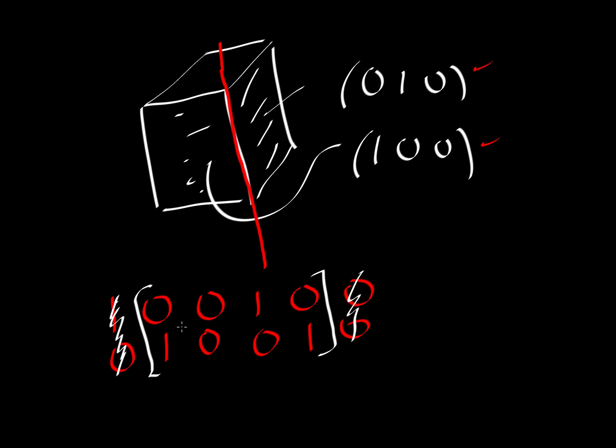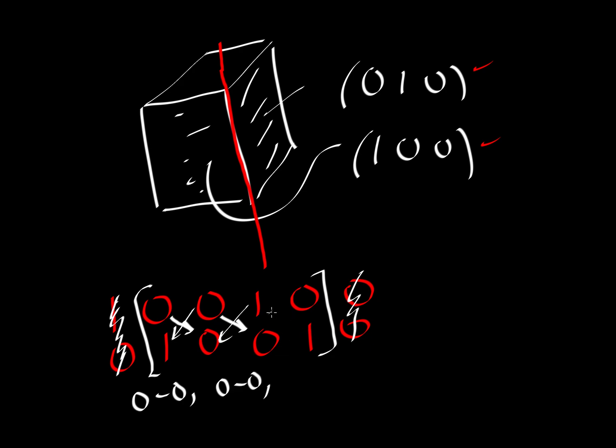And now we're going to play a little mathematical game where we'll take this product and subtract it from the product of these numbers. So 0 times 0 is 0, and then 0 times 1 is also 0, so we get 0 minus 0 for our first entry. Then we'll do the same over here. 0 times 0 is 0, 1 times 0 is also 0, 0 minus 0. Kind of boring so far.